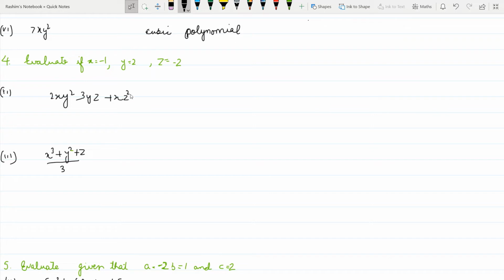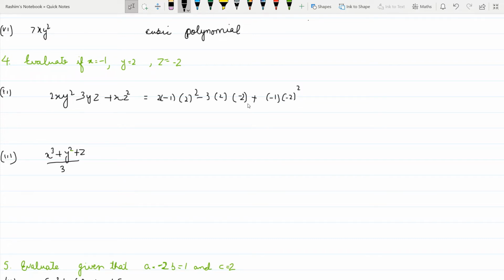So we will put the values of x, y, z in it. So 2 into minus 1, and y square is 2 square, minus 3 into y, means into 2, into z, means into minus 2. Then plus xz square. X is -1 and z is -2 square.